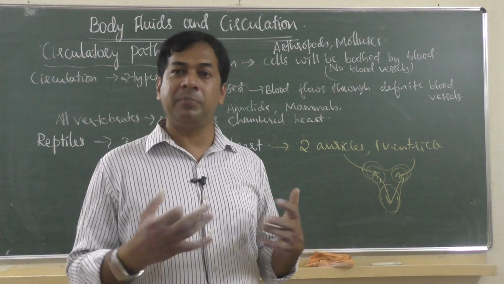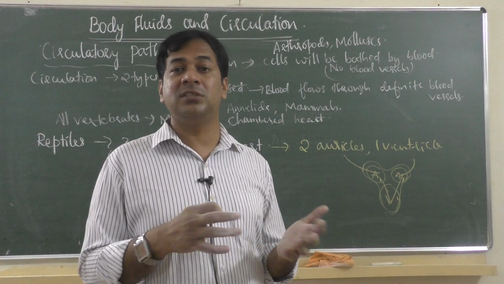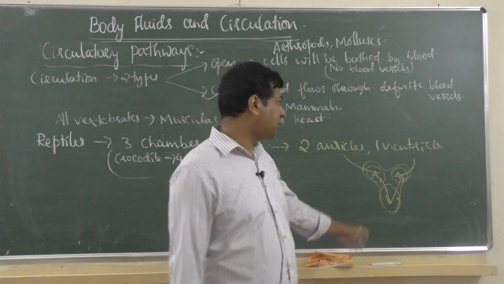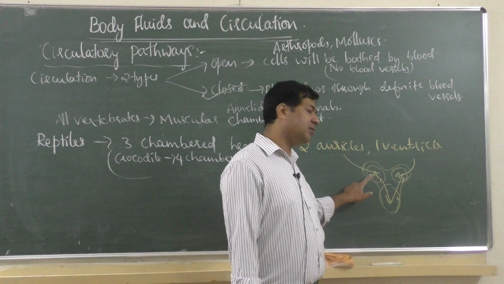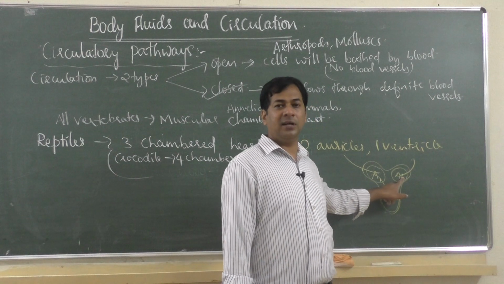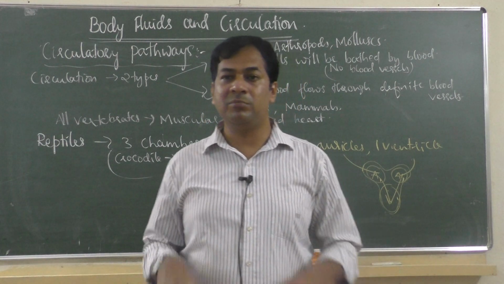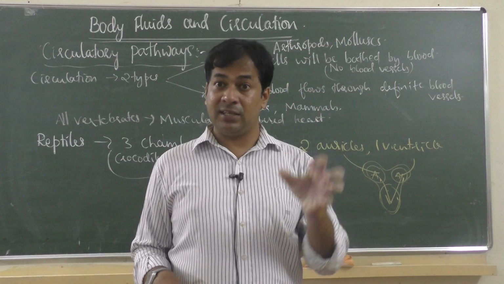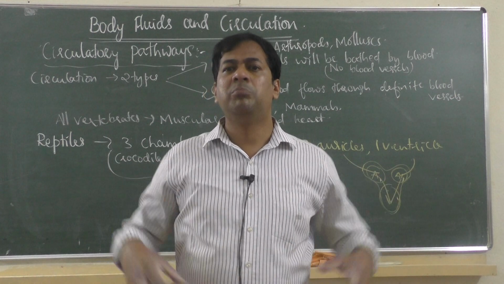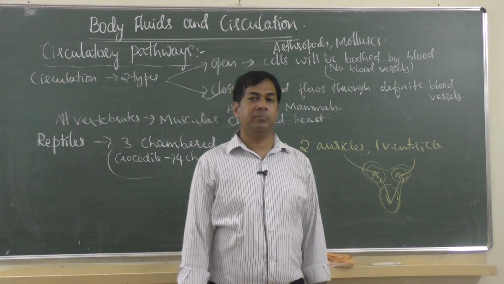Reptiles' bodies are adapted for tolerating mixing of oxygen and carbon dioxide in the heart. Carbon dioxide from the right auricle and oxygen from the left auricle both mix in the ventricle, and from the ventricle, mixed blood, some part oxygen and some part carbon dioxide, is transported to the body.